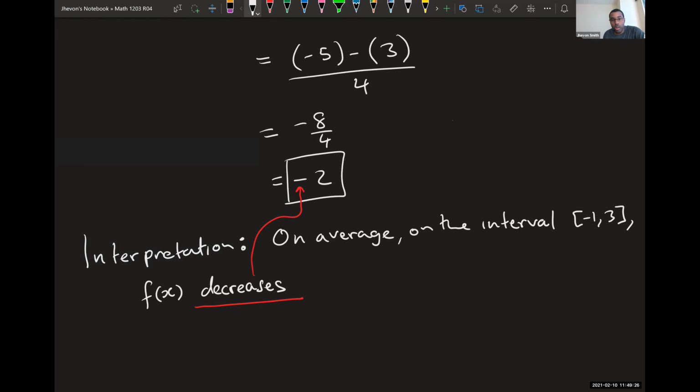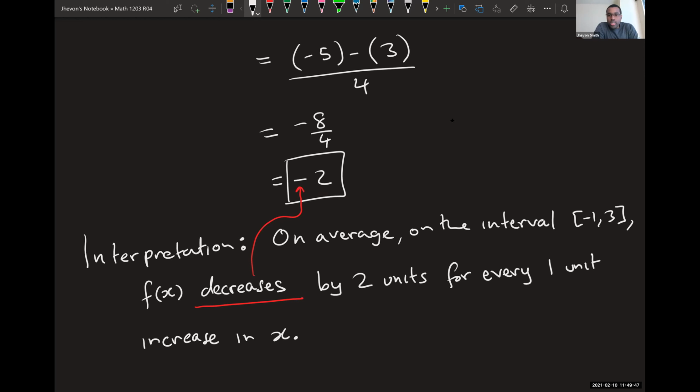If it was positive, you would interpret it as increase. Decreases by 2 units for every 1 unit increase in x. So the idea is every time our x value increases by 1 unit, our y value will decrease by 2 units. And it's not always the same. It's not always that fact, but on average over the period that we care about, right?